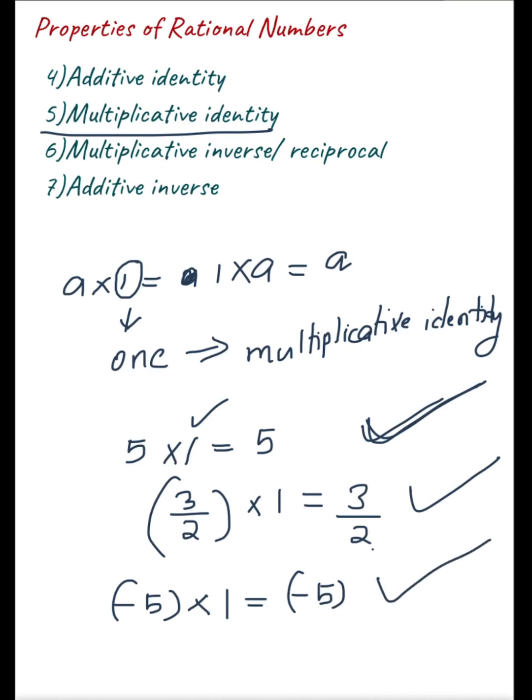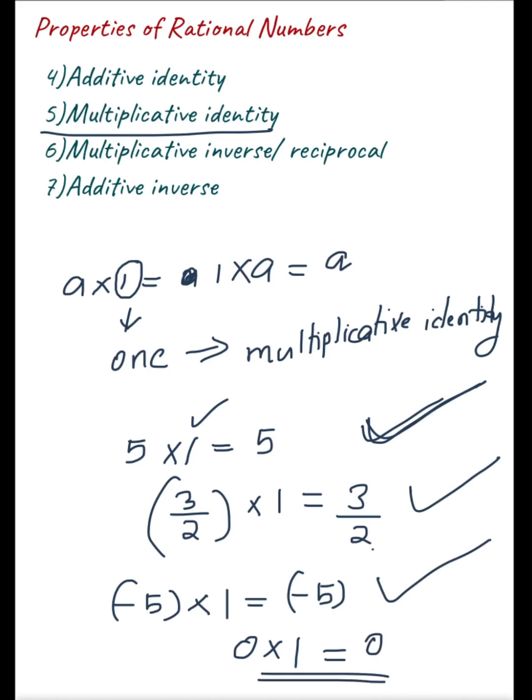After discussing this multiplicative identity, sometimes you may have one doubt, that is 0. 0 is a rational number, you know. But when 0 is multiplied by 1, we will not get 1. So for 0, what will be the multiplicative identity? But you should know that 0 when multiplied with any number, we will get 0 itself as the answer.